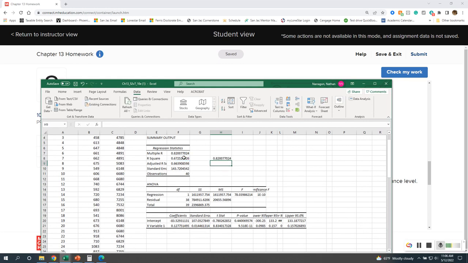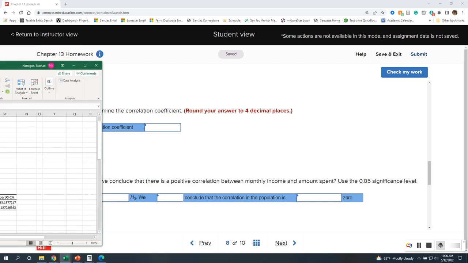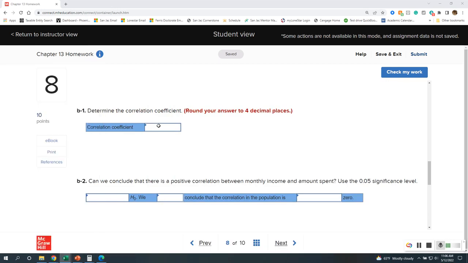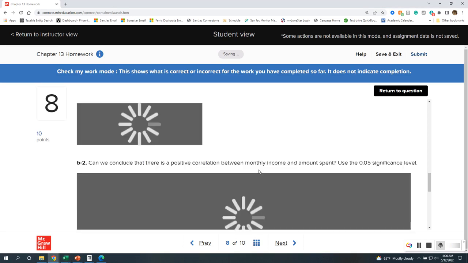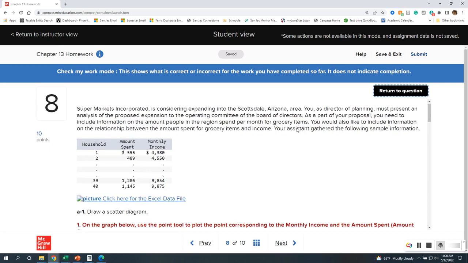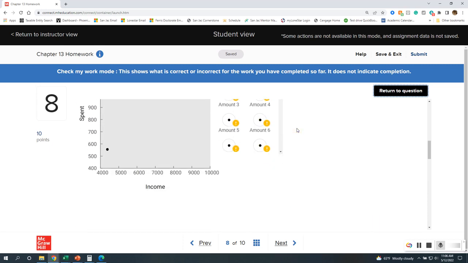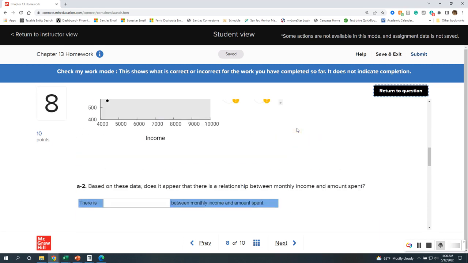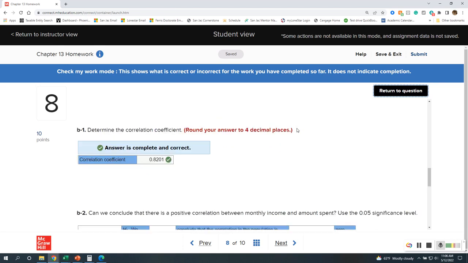So we're looking at 0.8201, yep, because they just had to be 4 decimal places. And again, these two, we'll leave that to yourselves.